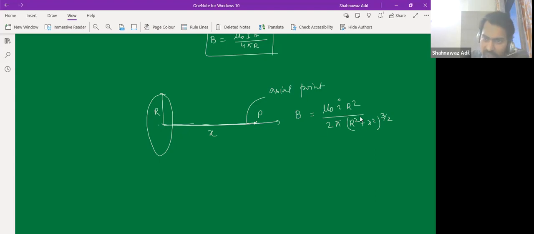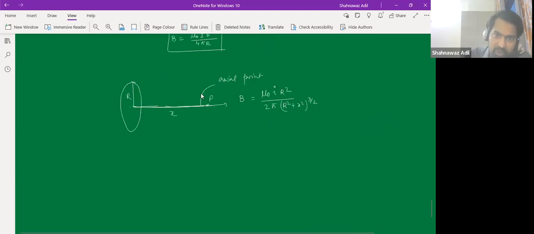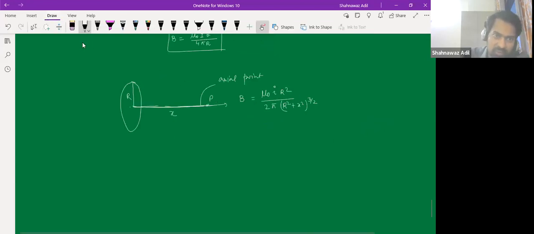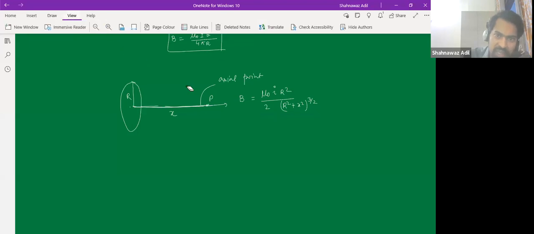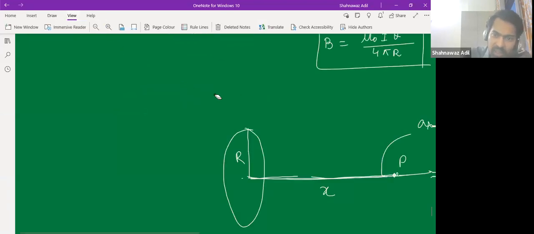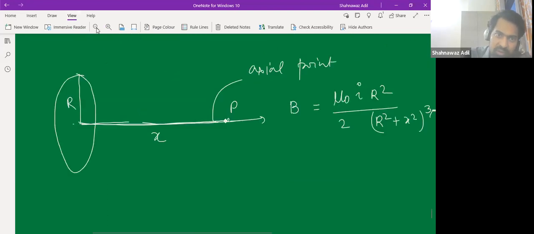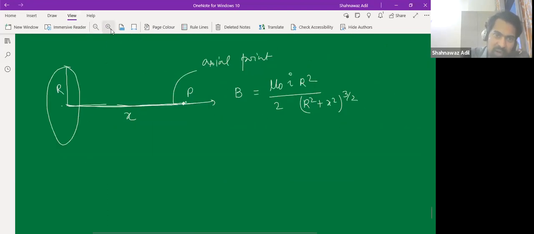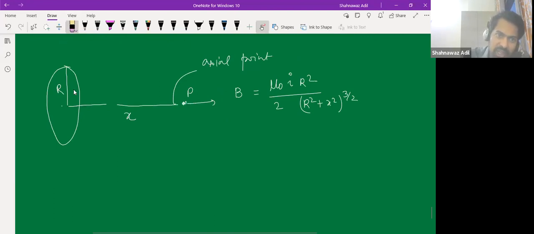This is not 2 pi, this is only 2, right? Okay. So you can see that for the case of x equals 0, at the center, what would be your x?